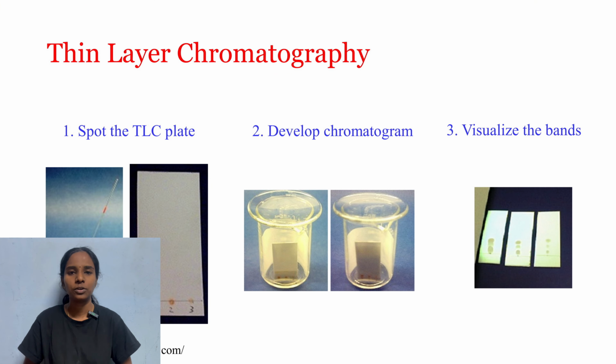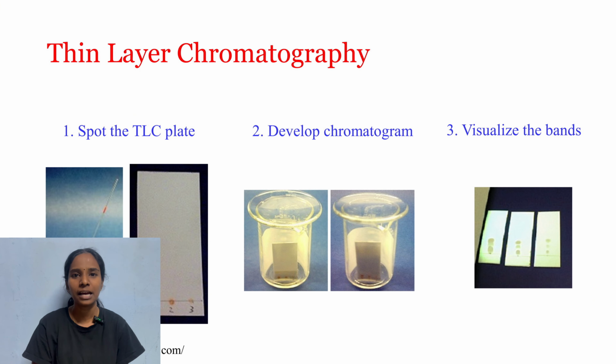Then once the sample is loaded or spotted, we can develop the chromatogram by taking this TLC plate and immersing it into a chamber containing solvent. This solvent will diffuse through the plate, it will move through the TLC plate, and as it moves, it will separate the sample into its constituents, and as a result, we can visualize the different constituents in the form of bands. These bands are mainly visualized in ultraviolet light or UV light.